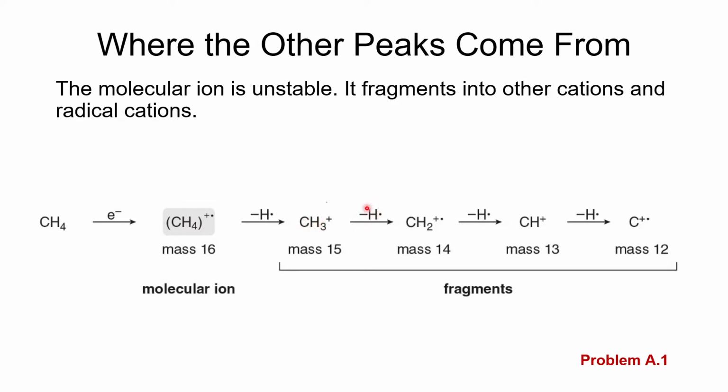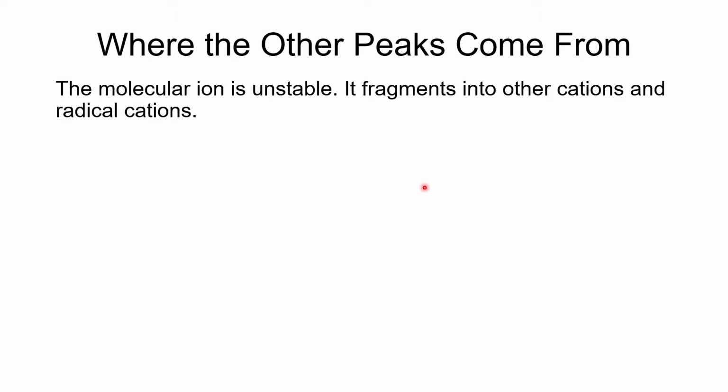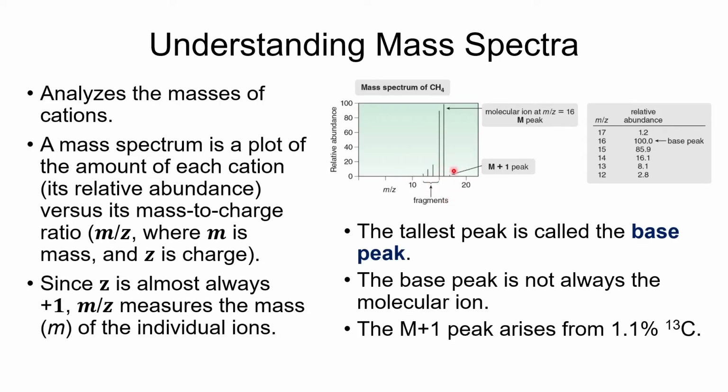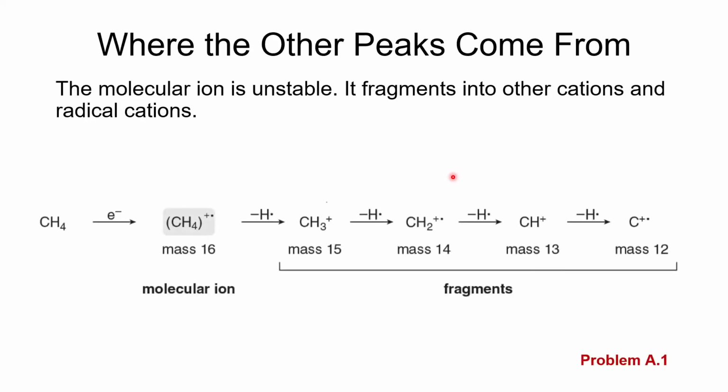You can lose another hydrogen atom, so hydrogen plus its electron, and you can get the CH2 plus radical. You can lose another hydrogen atom, get the CH, and then you can also observe just the carbon. All right, so you'll get 16, 15, 14, 13, and 12. And going back and looking at the picture just real quick, you'll see there's the 16, 15, 14, 13, and 12. And then we have that M+1 at 17.